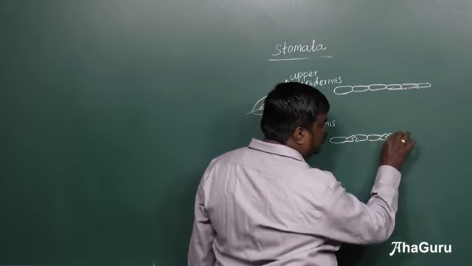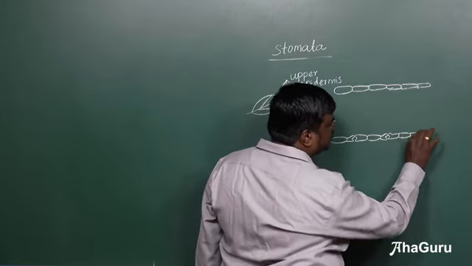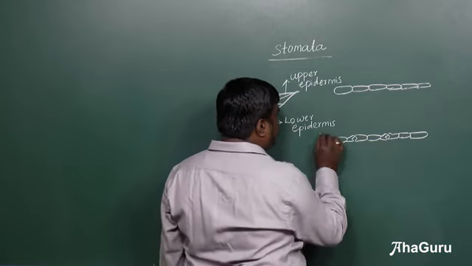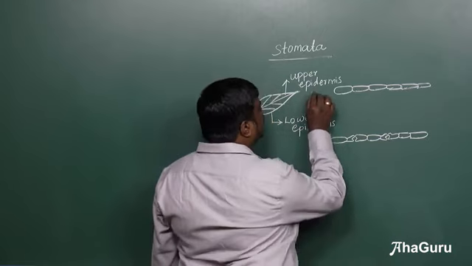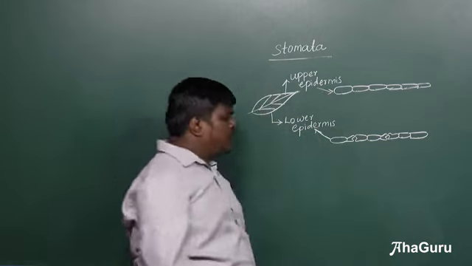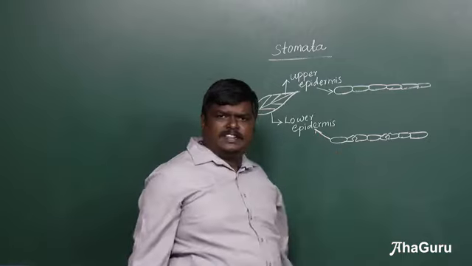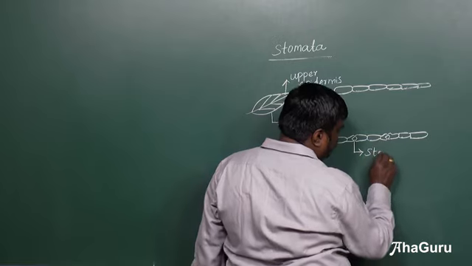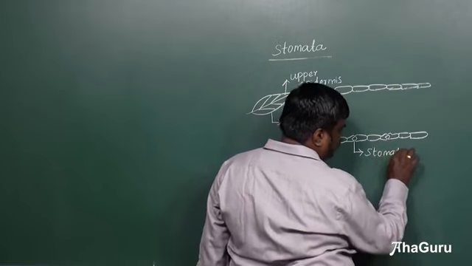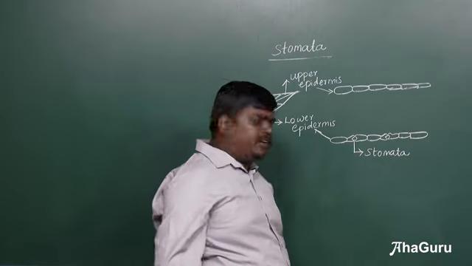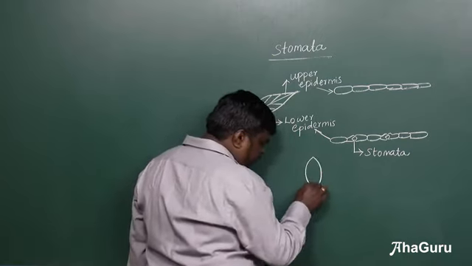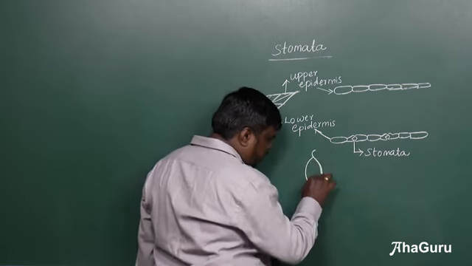These small pores in the lower epidermis we call stomata. The stomatal structure will be like this: the stomata is guarded by guard cells.